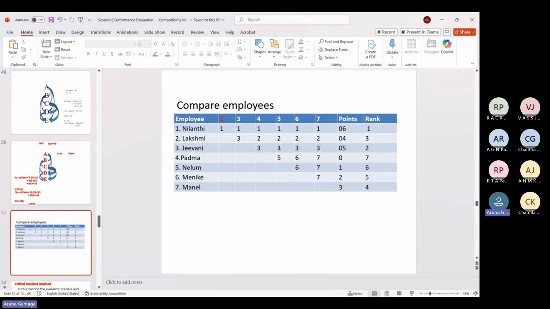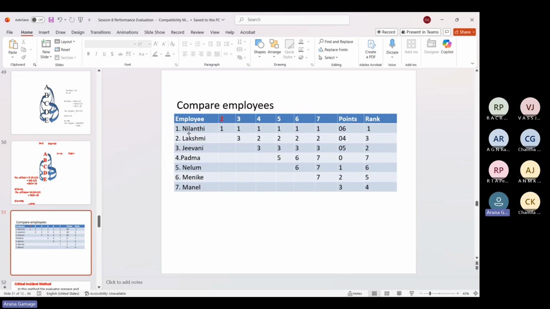So we evaluate Nilanti with 2. 2 means Lakshmi. The best one is given a point. When Nilanti is compared with Lakshmi, the evaluator thinks Nilanti is best, so her label 1 is written here. Nilanti compared with third one, Jeevani, who is best? Again Nilanti. Compared with Padma? Still Nilanti.